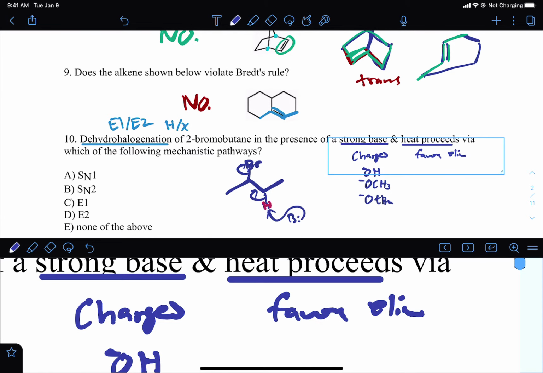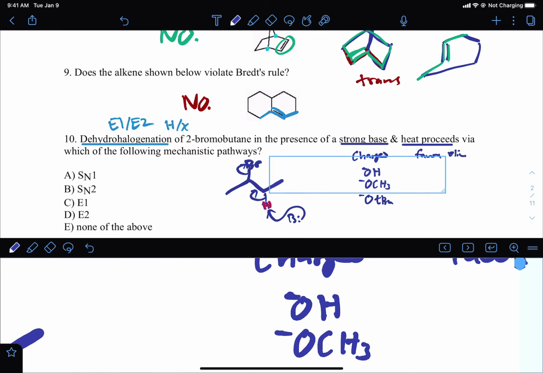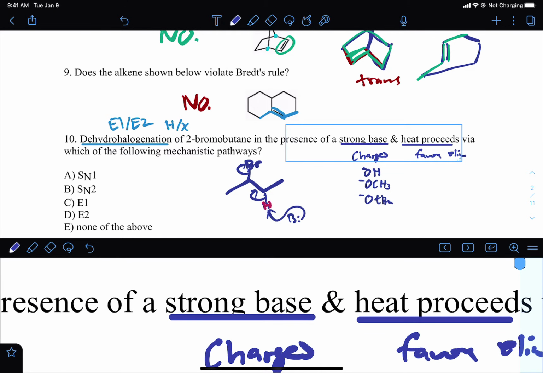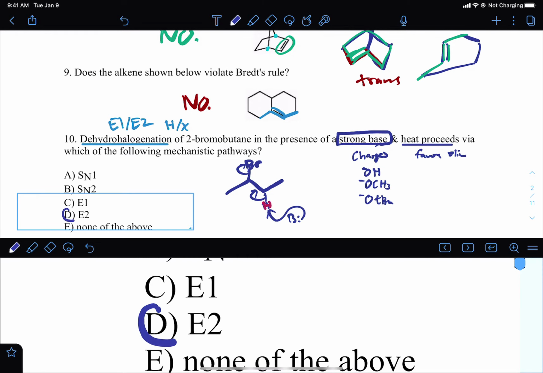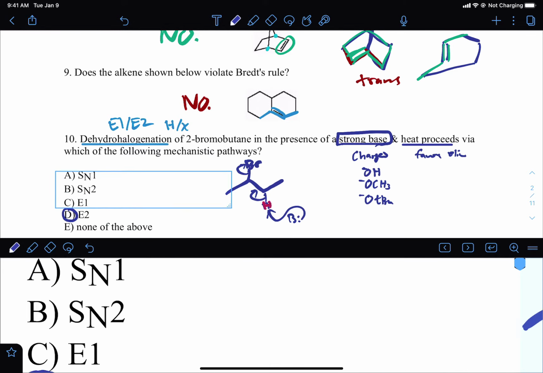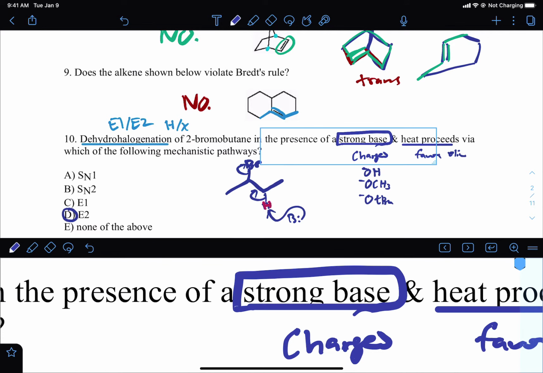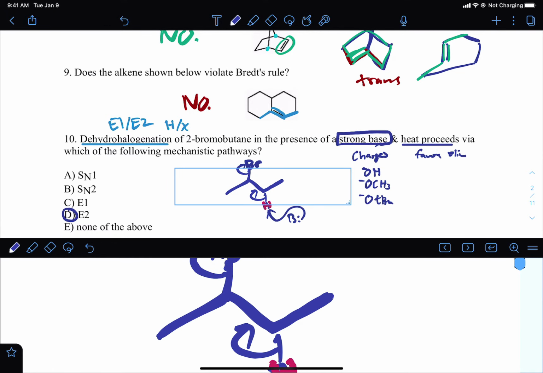If you work through our flow chart, the first question I ask in our flow chart is, do you have a charged base or nucleophile? And if the answer is yes, you always end up in the second order pathway. So here you would say, okay, is my base or nucleophile charged? You'd say yes. The next question is, is it methyl or primary? You'd say no. Then you'd say, is it secondary? You'd say yes, because our halogen is on a carbon that contains 2 carbons connected to it.